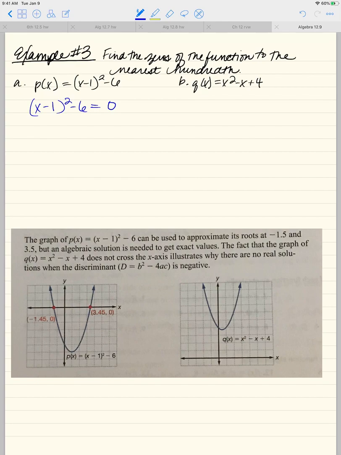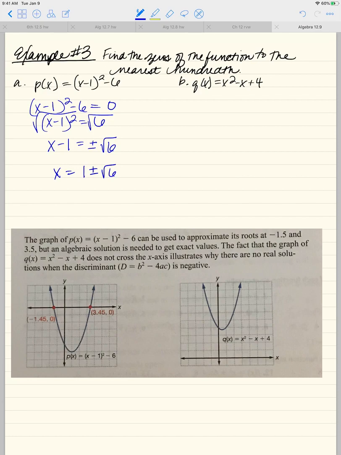Okay, add 6 to both sides. Then take the square root of both sides. That gives us x minus 1 is equal to plus or minus the square root of 6. And then now we're going to add 1 to both sides, which gives us x is equal to 1 plus or minus the square root of 6.